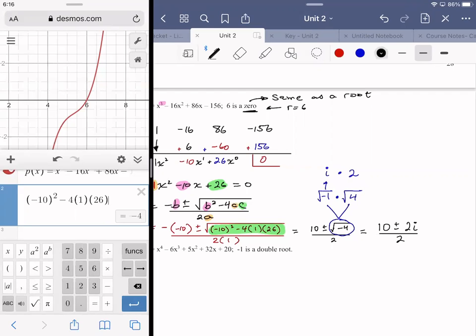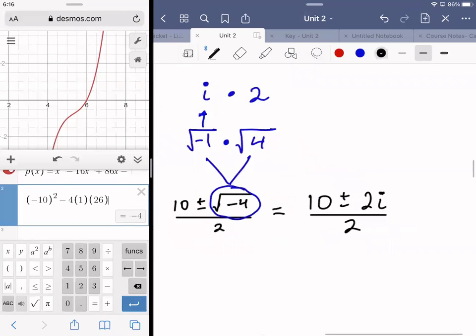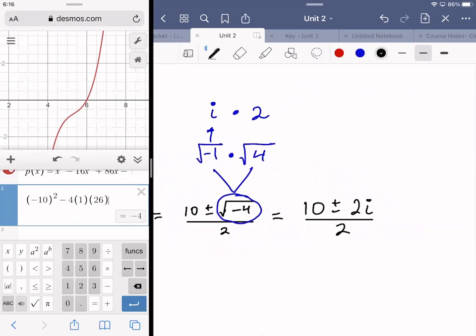Now we can go an additional step here, because there is a common factor on the top of this fraction. Both of these numbers are divisible by 2, so I can factor out a 2. All right, a little GCF action. So 5 plus or minus 1i, or just i, over 2.